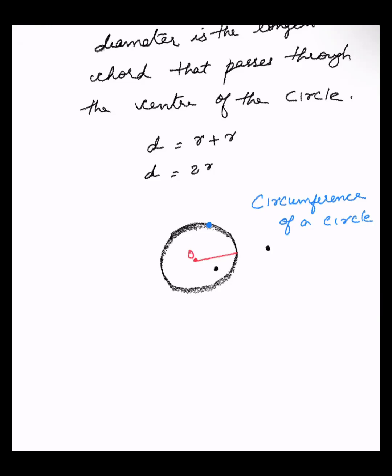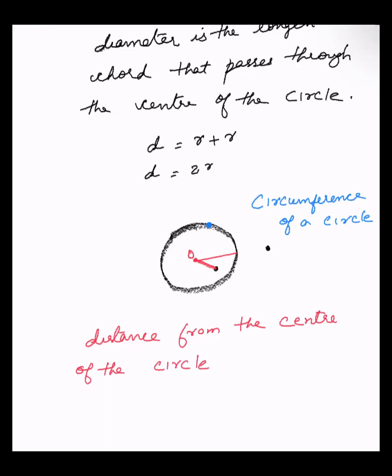If the distance from the center of the circle to this point is smaller than the radius, are you understanding what I'm saying? So if the distance from the center of the circle, you don't need to write, Maria, just understand.